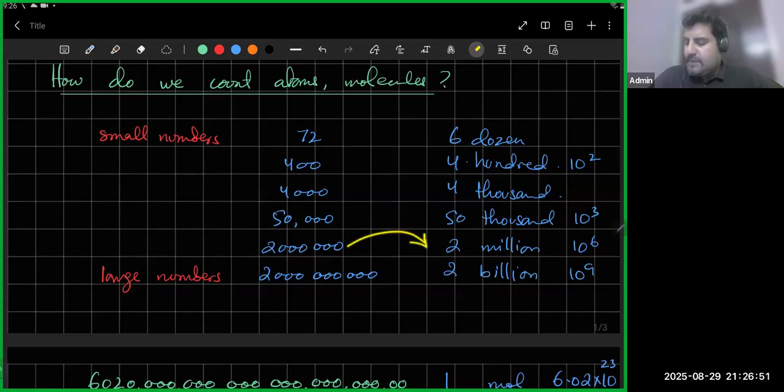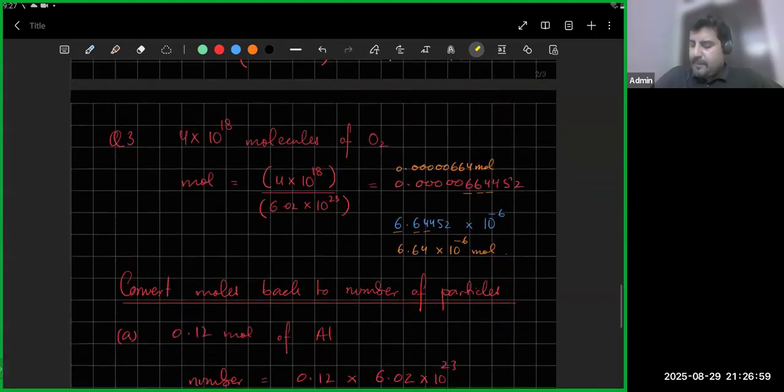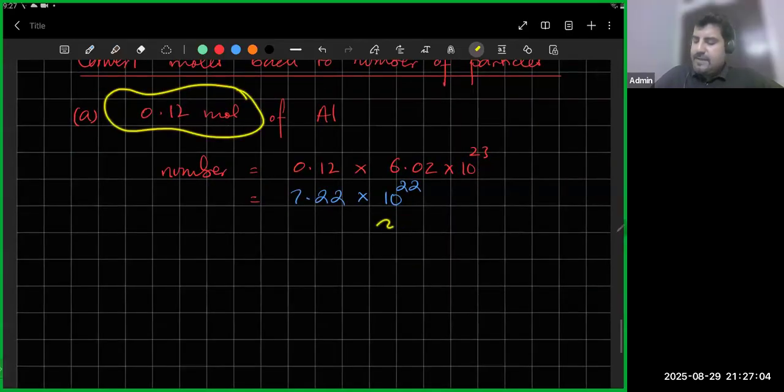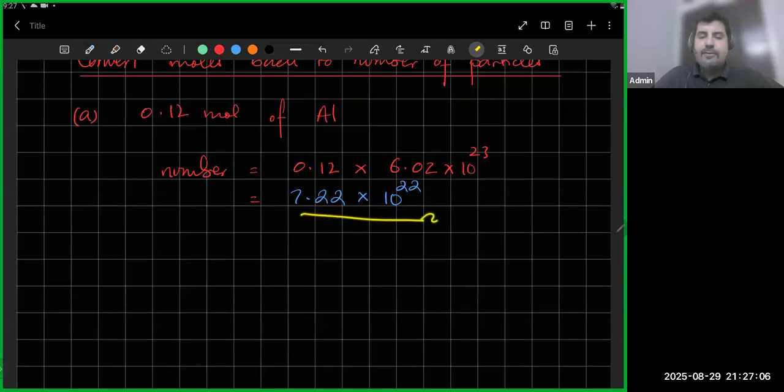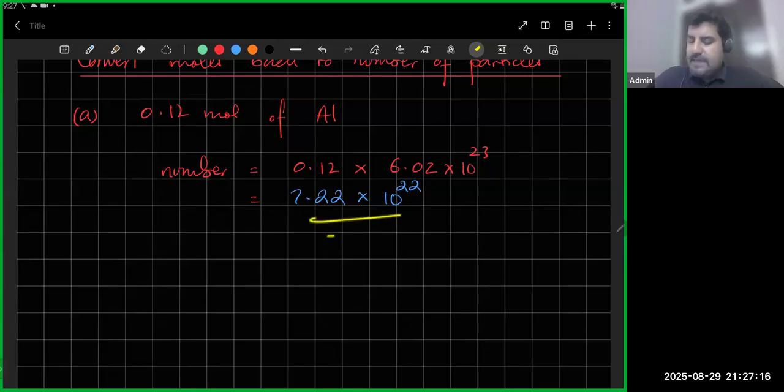They always convert it into a particular unit. So especially when you're counting atoms, people will say 0.12 moles. They're not going to say 7.22 times 10 power 22. Okay, it takes a lot longer to say that. So they'll say, I have this many moles. They're not going to use the actual number.